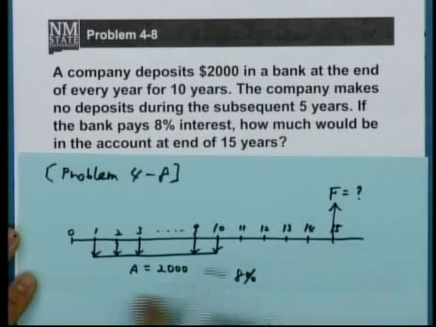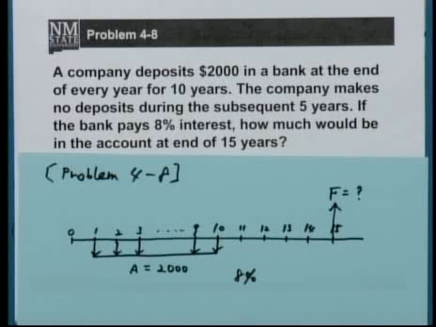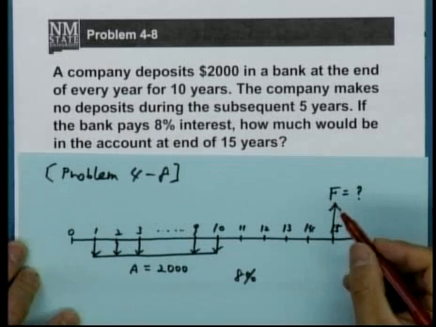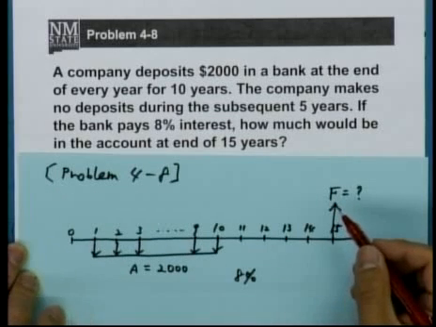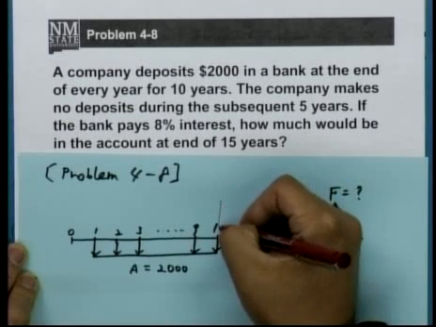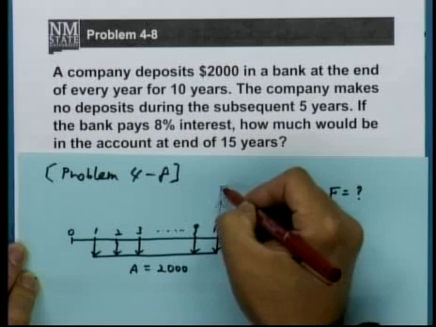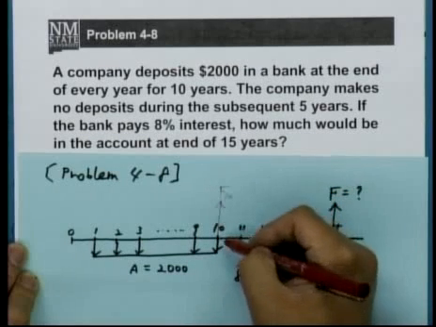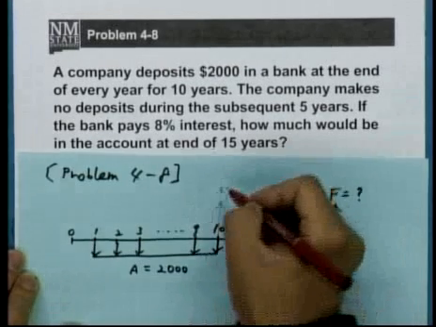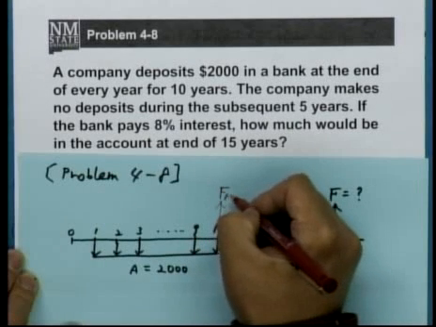So, of course, this is not a standard uniform series. So what I'm going to do is set a future value, f sub 10, here at the end of period 10.